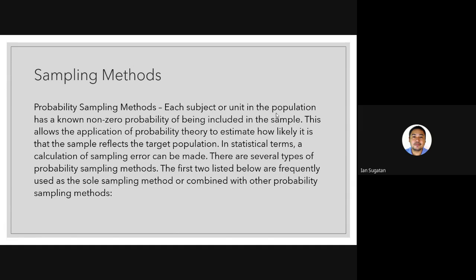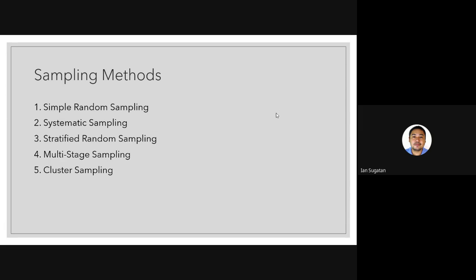This allows the application of probability theory to estimate how likely it is that the sample reflects the target population. In statistical terms, a calculation of sampling error can be made. There are several types of probability sampling methods, and the first two listed below are frequently used as the sole sampling method or combined with other probability sampling methods. So these are the following.